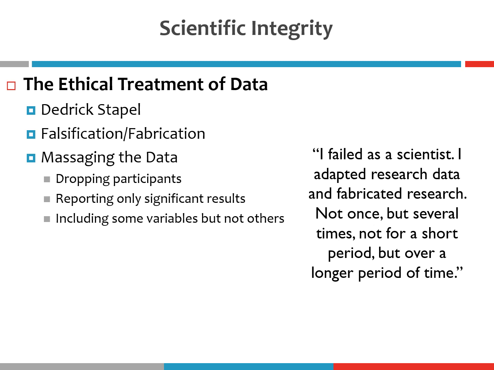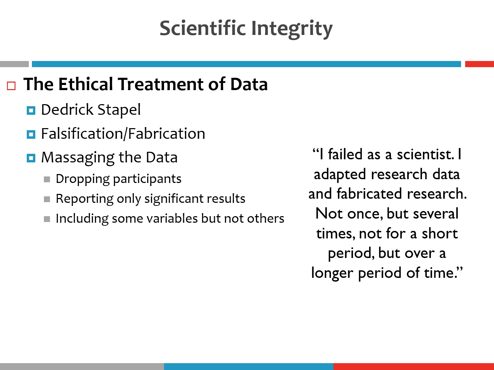But also, there's such a thing as massaging the data, right? For example, excluding participants from your data that don't follow the pattern that supports your hypothesis would be an example of an unethical treatment of the data, as well as only reporting significant results.